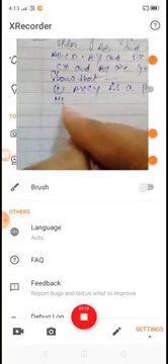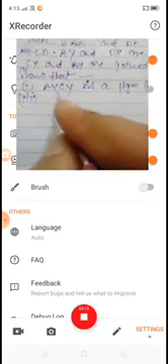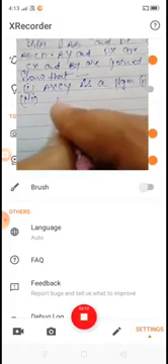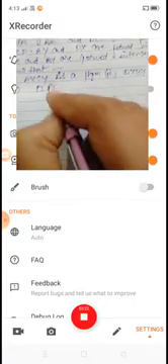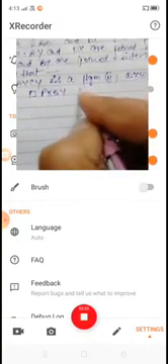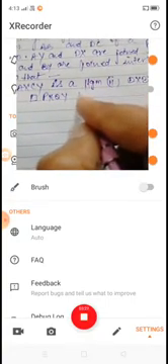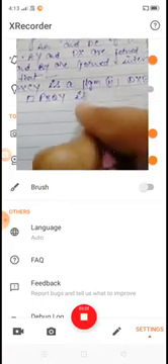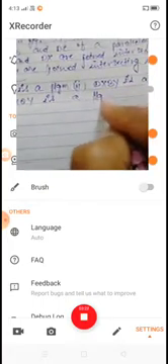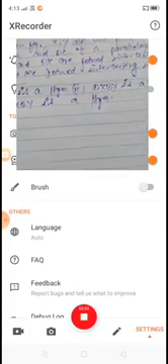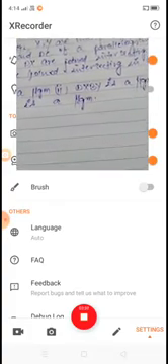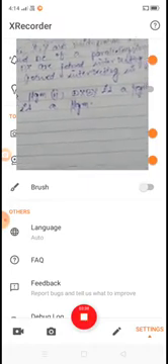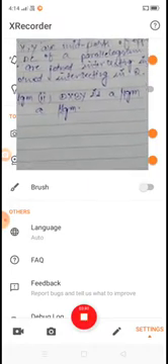And third one, quadrilateral PXQY is a parallelogram.